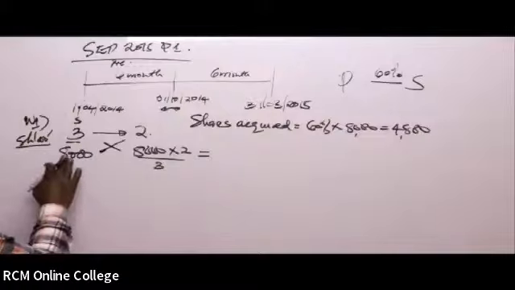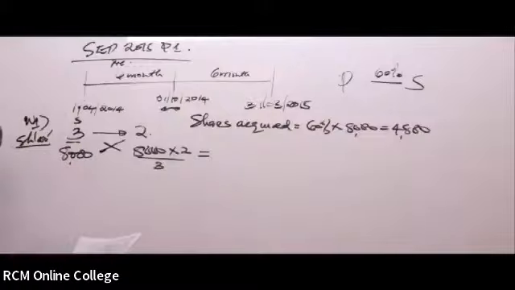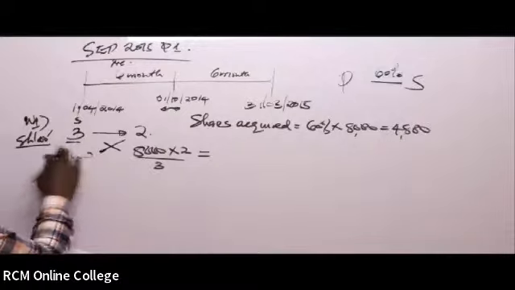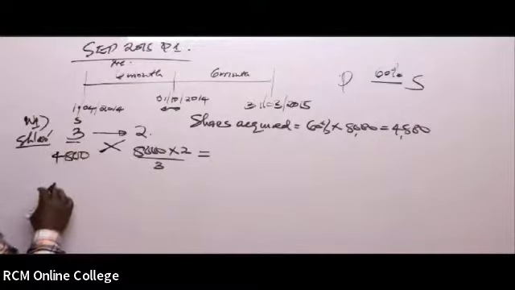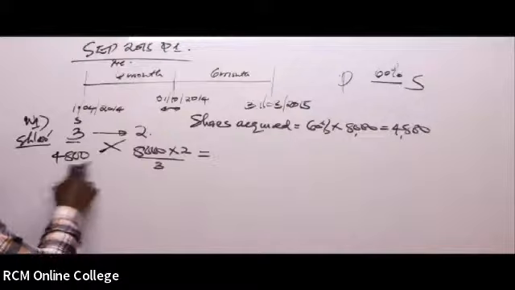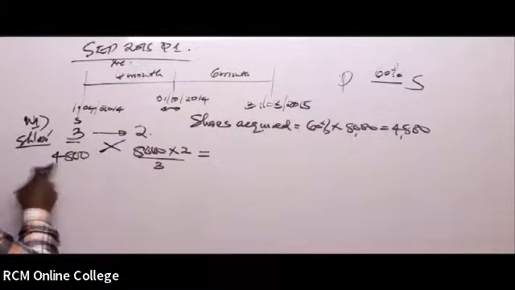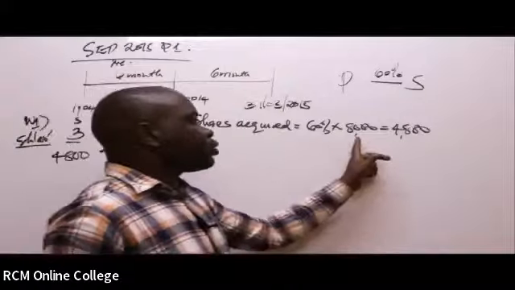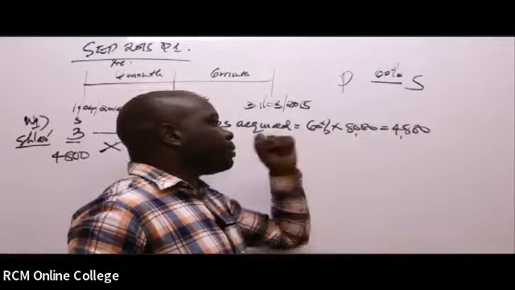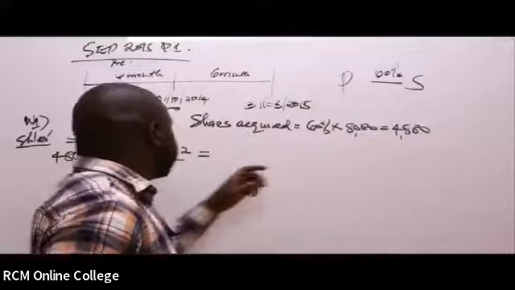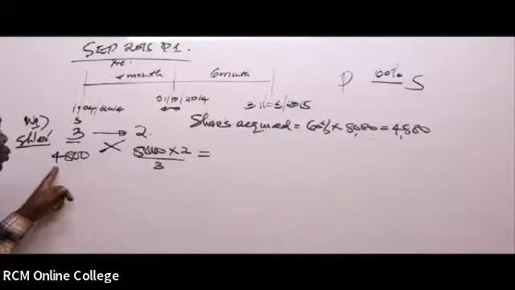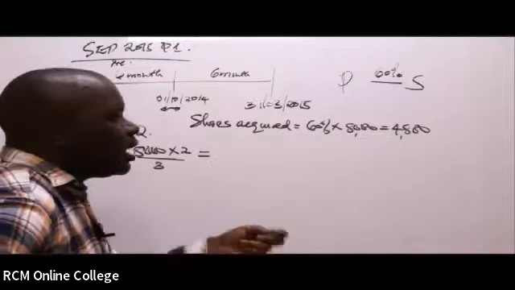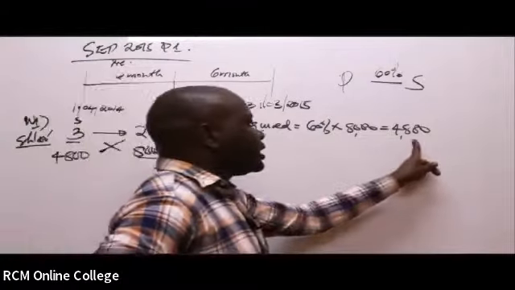You can correct here, it is supposed to be 4,800. They acquired 60% of the total ordinary share capital. The remaining 40%, that is 3,200,000, goes towards the non-controlling interest or the minority.